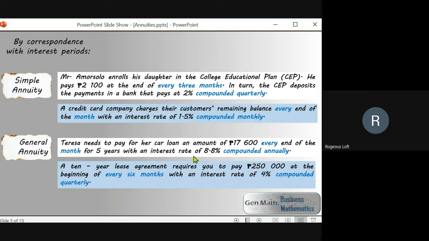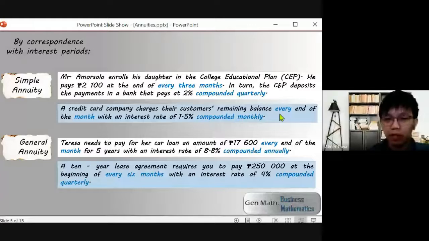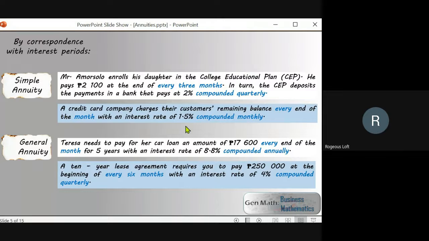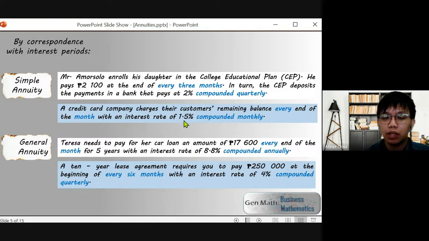Okay. Sir Rogers, what is the payment interval in this problem? Based on what you read, what is our payment interval? When we say payment interval, how often is the payment made?